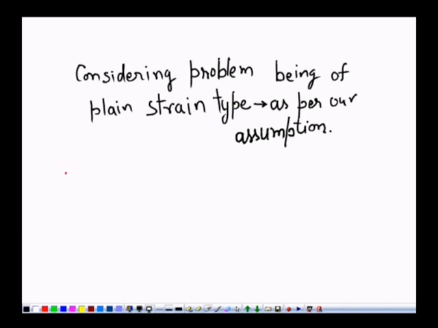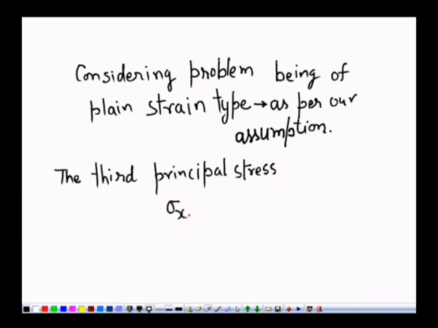The third stress depends upon these two, sigma x and minus p, and it is taken as half of their sum. Here it is just taken as sigma 2.